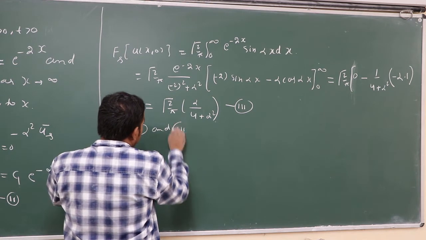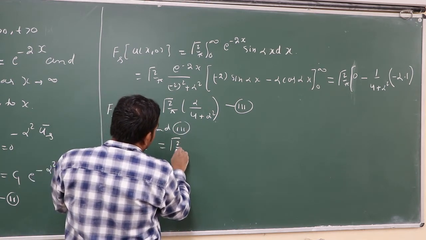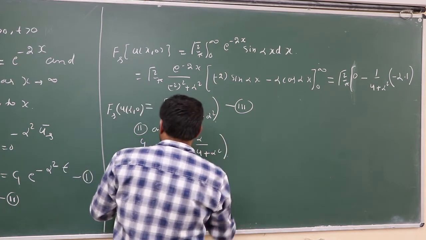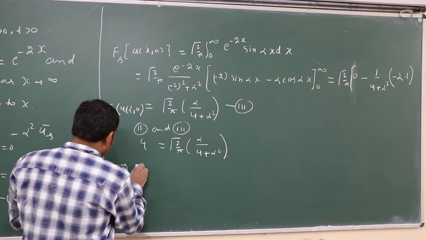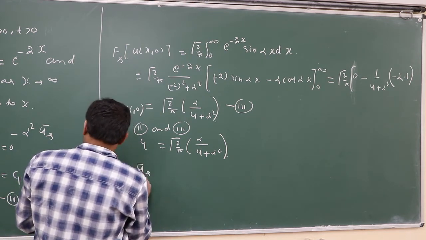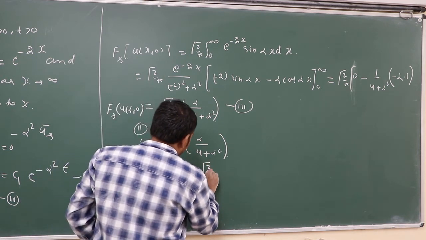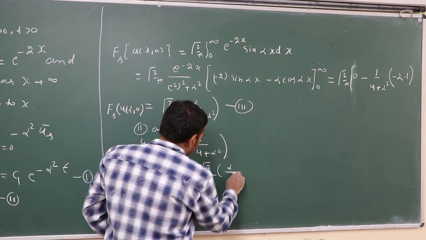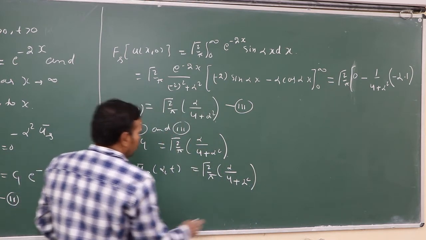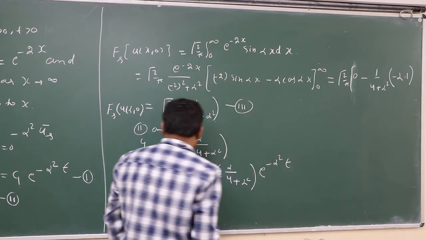From 2 and 3, we simply get C1 equal to under root 2 upon pi, alpha upon 4 plus alpha square. So from 1, we can write under root 2 upon pi, alpha upon 4 plus alpha square, into e to the power minus alpha square t.